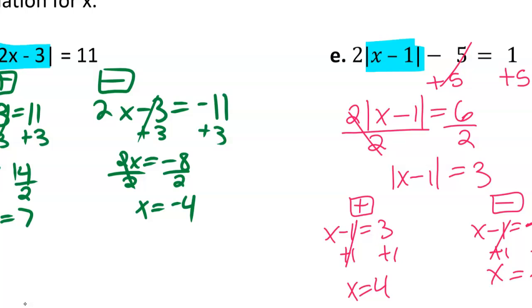All right, so we have x equals negative 2 and x equals 4 for our two solutions.